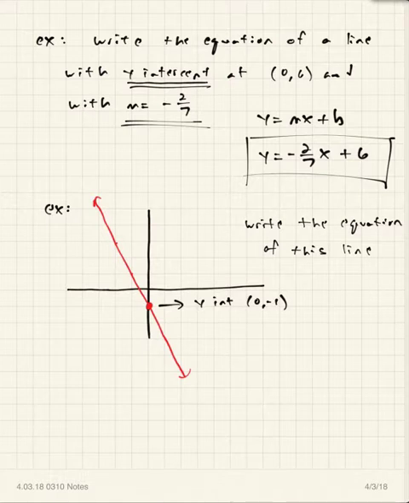And let me do something different. Let me use this point way down here. I can see that the line goes through that point down there. And so notice I could read off the rise and the run between these 2 points. The rise would be down 1, 2, 3, 4, so down 4, and the run would be to the right 2.